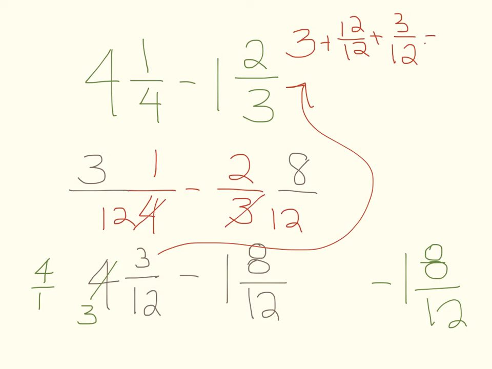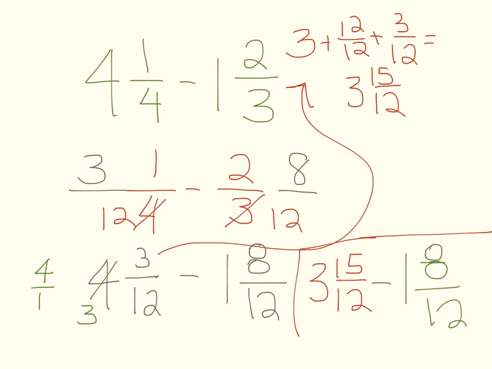If you add all that together, that would give you 4 3/12. So we're actually going to write it as an improper fraction and write 3 15/12. So now I can go back to my subtraction problem and say 3 15/12 minus 1 8/12.